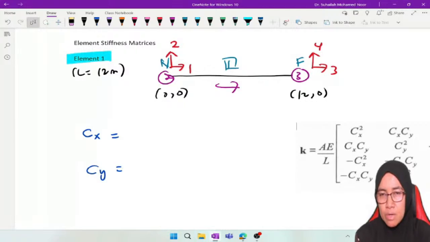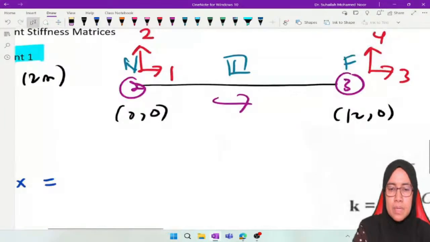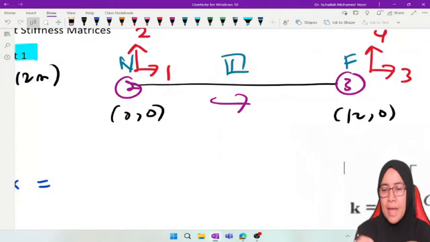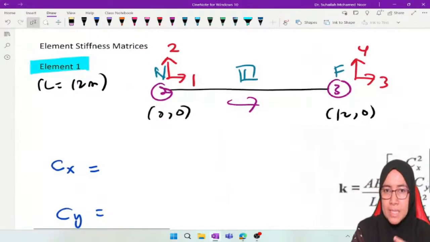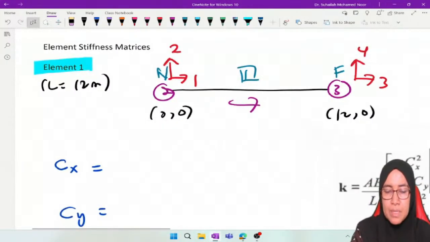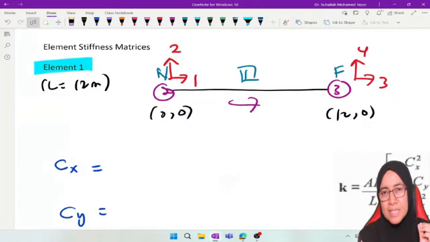We have coordinate x and coordinate y. At node number 2 we have x and y, and at node number 3 we have x and y. So when we want to calculate the Cx value, just focus on the x value. Looking into this diagram, we have near x and far x.